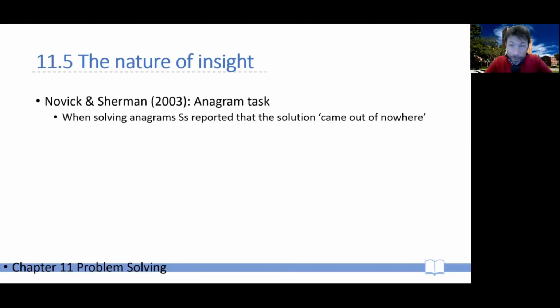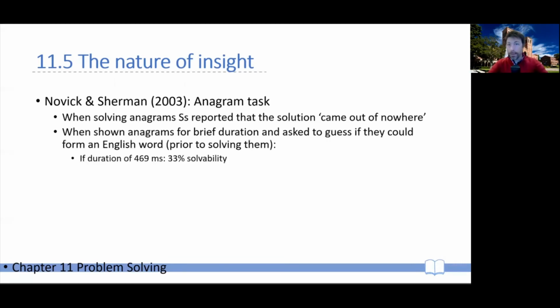Now, here's the clever twist in this experiment. In a second part, they showed anagrams, and half the anagrams would actually make a real English word. Half the anagrams would not. So half the anagrams were pseudo words, as we call them, which kind of look like English words, but don't make any real word.